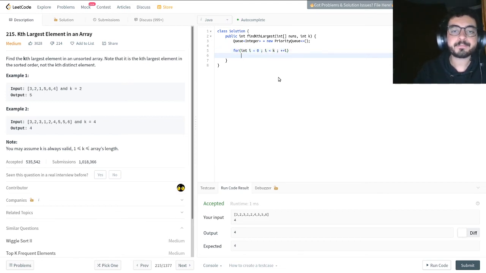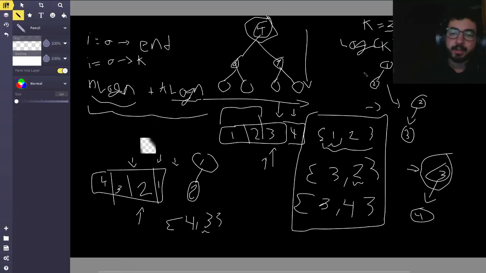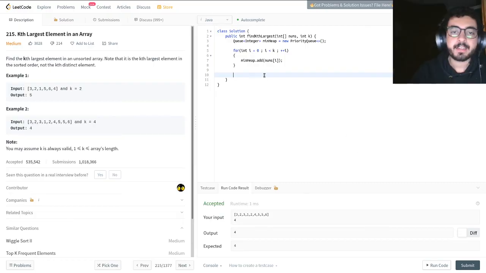I didn't give it a name, so let's say it's minHeap, because it's a minimum heap by default. And what we would do is minHeap.add(nums[i]). So now we made our assumption. We basically did this step. Okay, and let's validate it and correct it along the way.